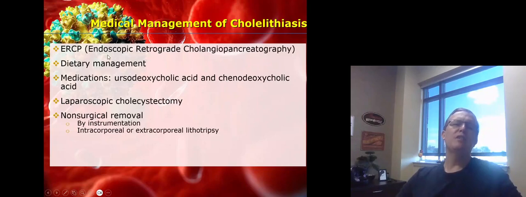One of the main interventions here is going to be eating a diet that is more conducive to digestion.